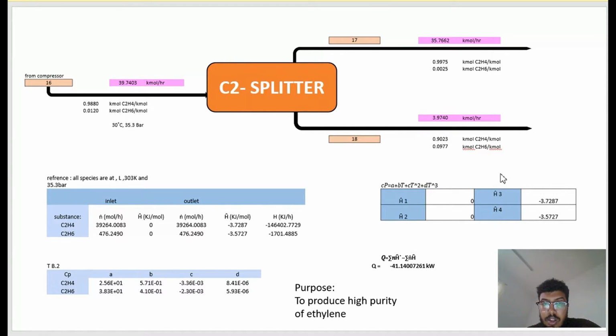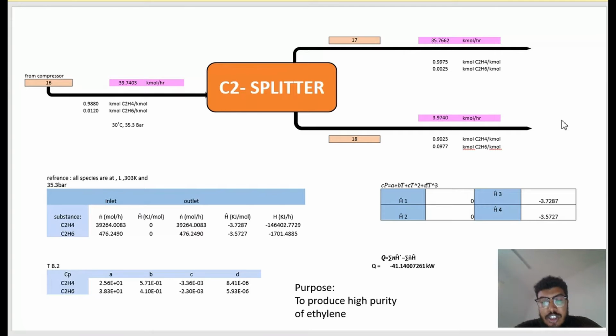So after getting the reference, all the species at liquid states, 303 Kelvin and 35.3 bar, we can get the table for ethylene and ethane, and you can see here that the enthalpy for the input is zeros because it's from our reference. We started from there, so it's zeros. However, in our outputs, it's quite different because we have a difference in the temperature.